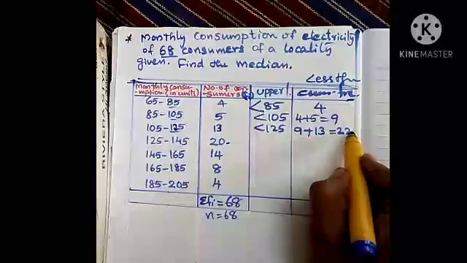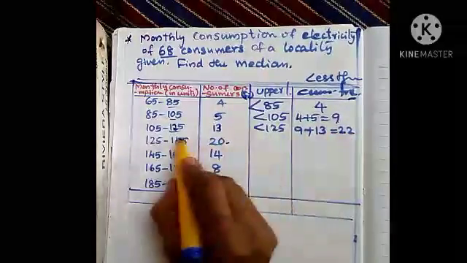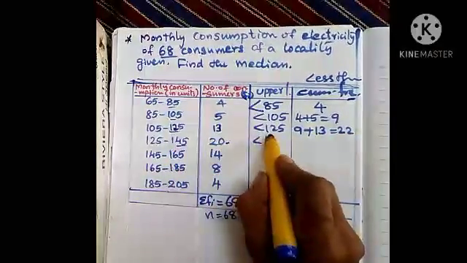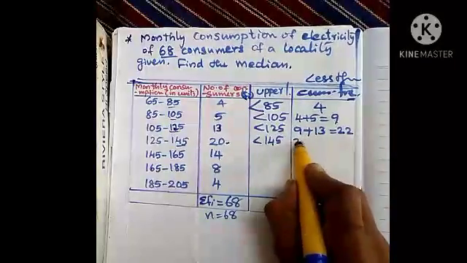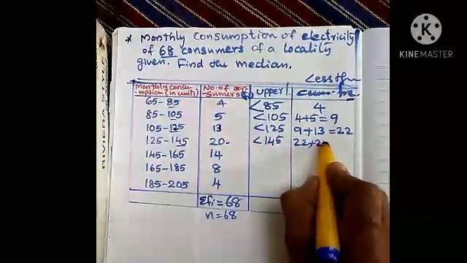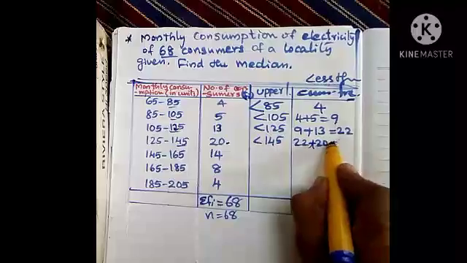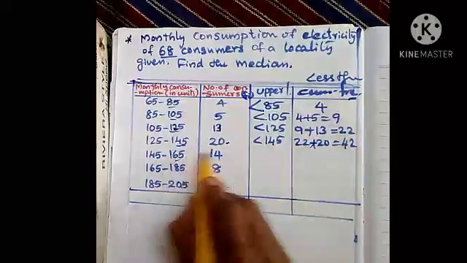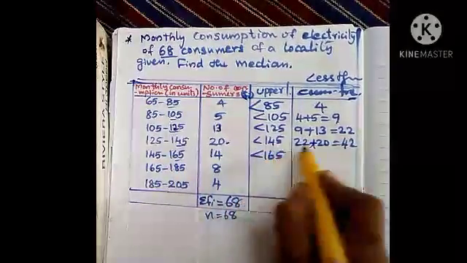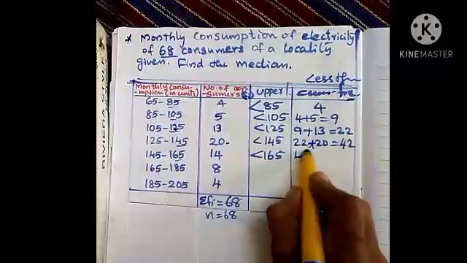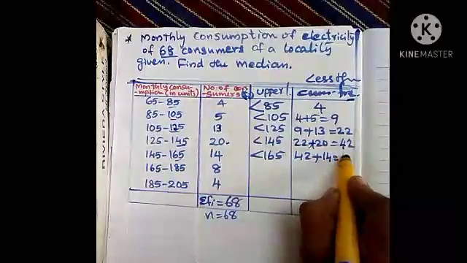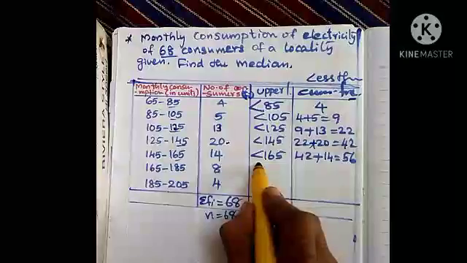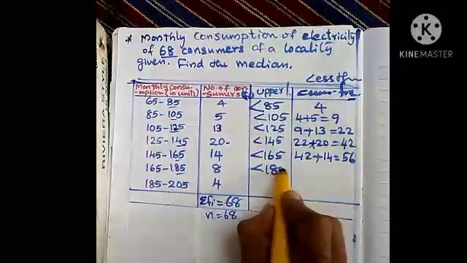Okay. Next, less than 145 means 22 plus 20, which is 42. Next, less than 165. That is 42 plus the same class frequency, 14, which is 56. Then next, less than 185.